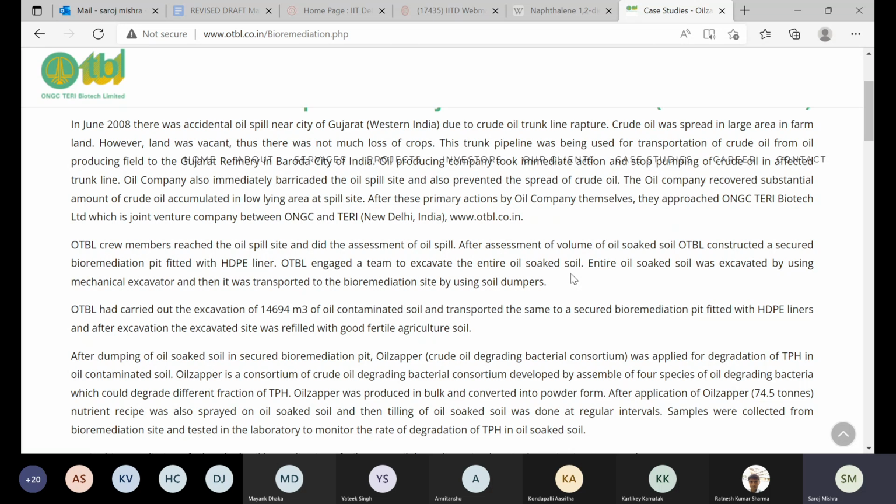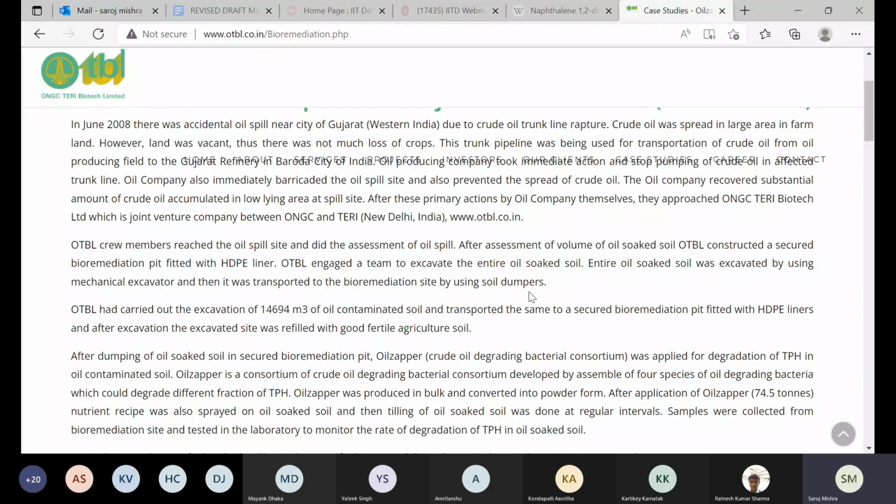They prevented the oil from spilling by lining the adjacent area with the high density polyethylene liners, and the entire oil-soaked soil was excavated by using a mechanical excavator. Then it was transported to the bioremediation site by using soil dumpers.